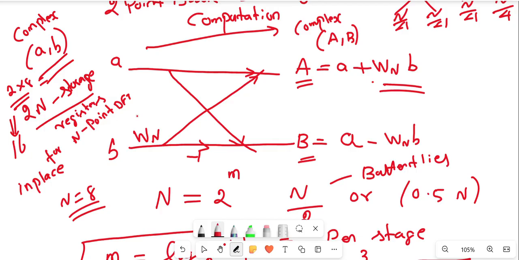So, many FFT algorithms reduce the storage requirements by performing the computations in place, by storing the results in the same memory locations that previously held the data. Okay, so this is the in place concept.